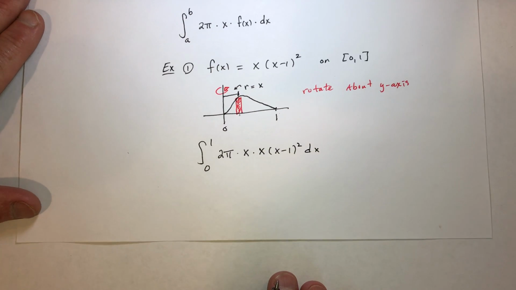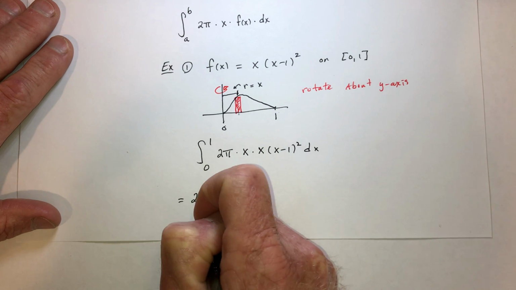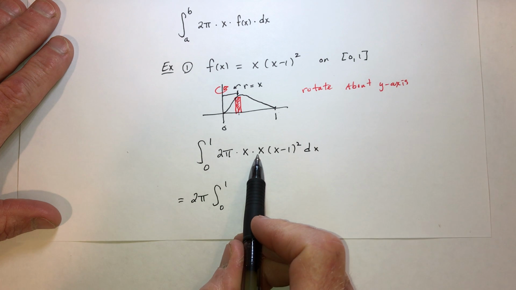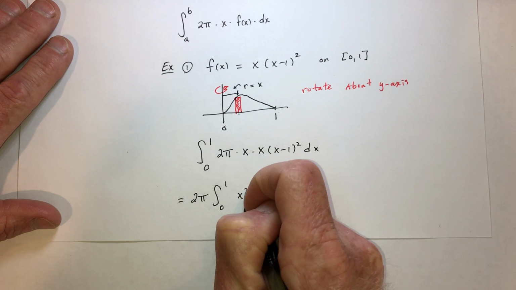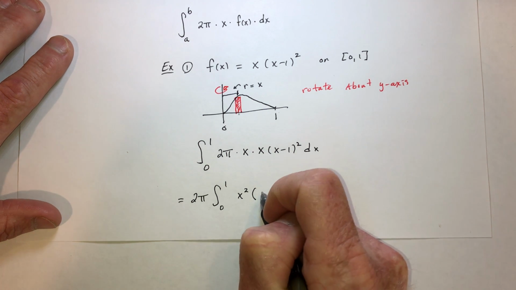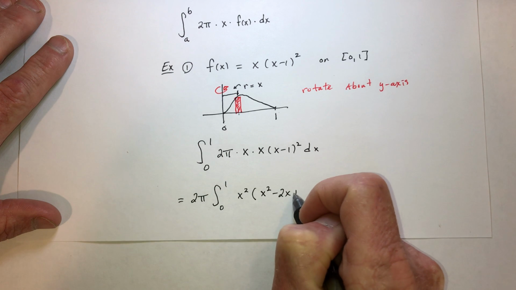So in order to actually integrate this one thing I could do is factor out 2 pi. And then this would be x squared. And then go ahead and square this binomial, which means it's going to have x squared minus 2x plus 1.